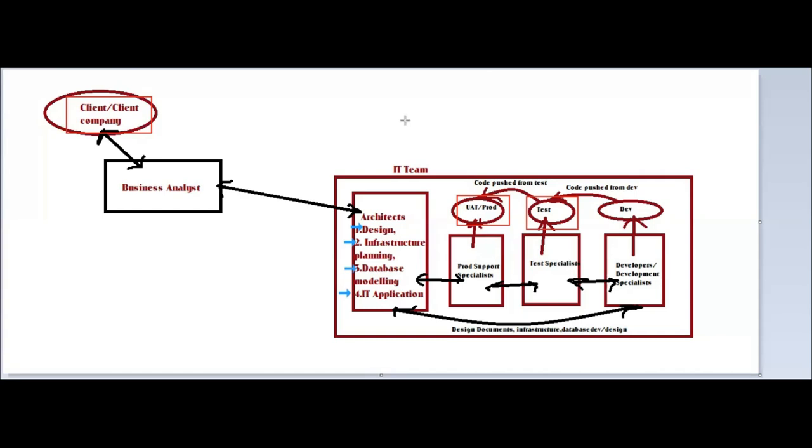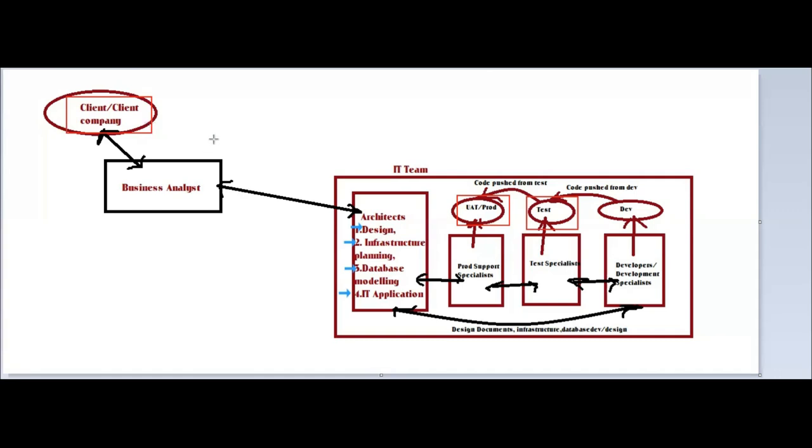Once the dry run phase is successful, the team plans the installation of all of it on production, and they make it live. When it is live, it is as good as the software application being delivered to the client.